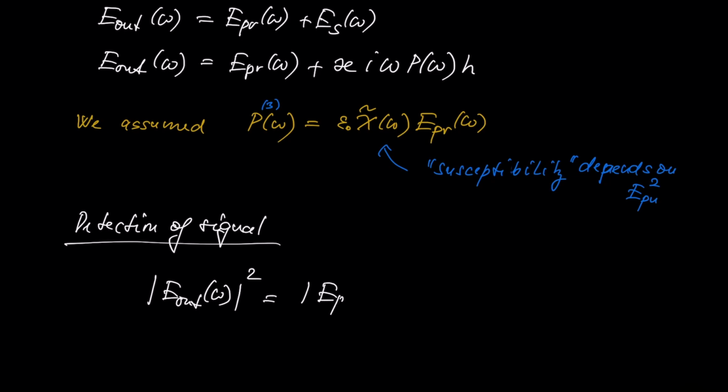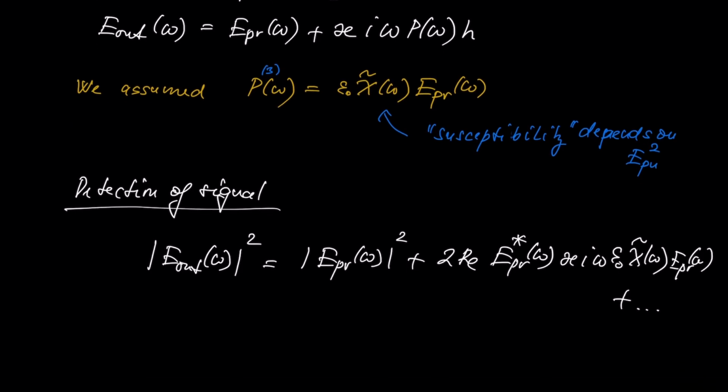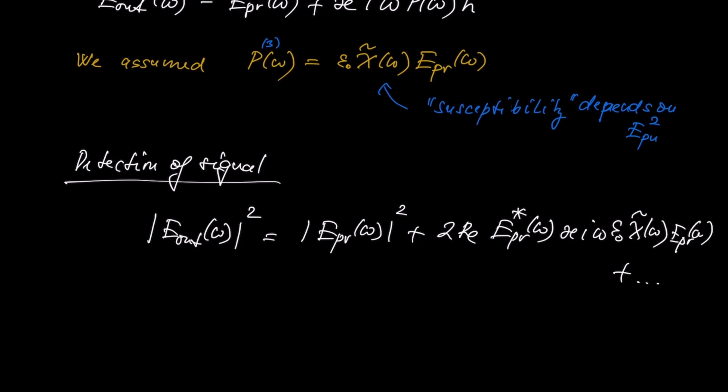This is E probe squared, plus now two times the real part of the probe pulse and the signal, plus something that we can usually neglect, a small contribution, that's basically the signal squared. So if we can assume that the signal squared can be neglected with respect to the linear values of the field, then we don't have to take care of this.